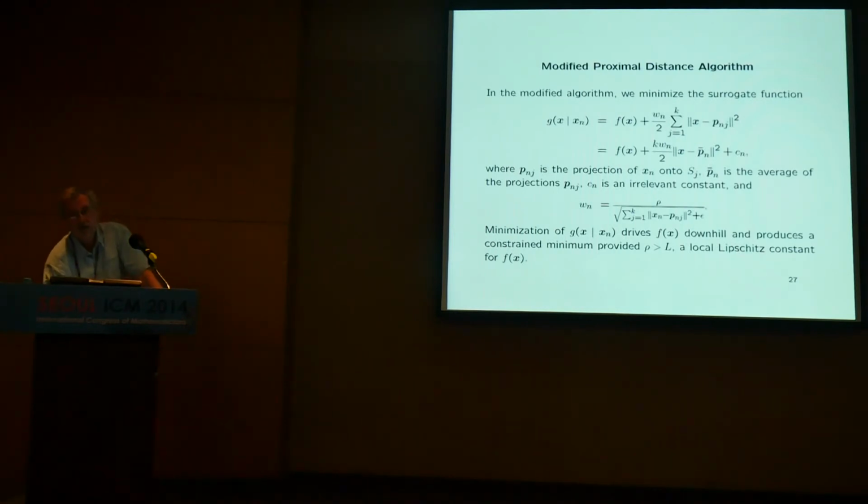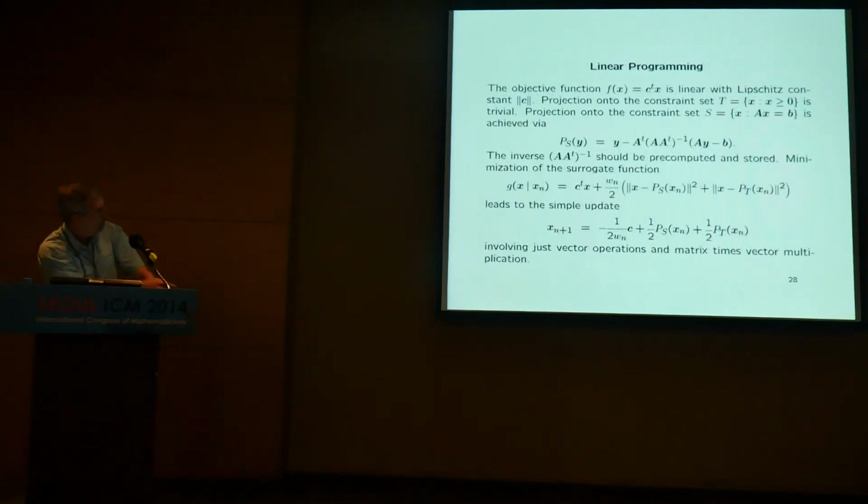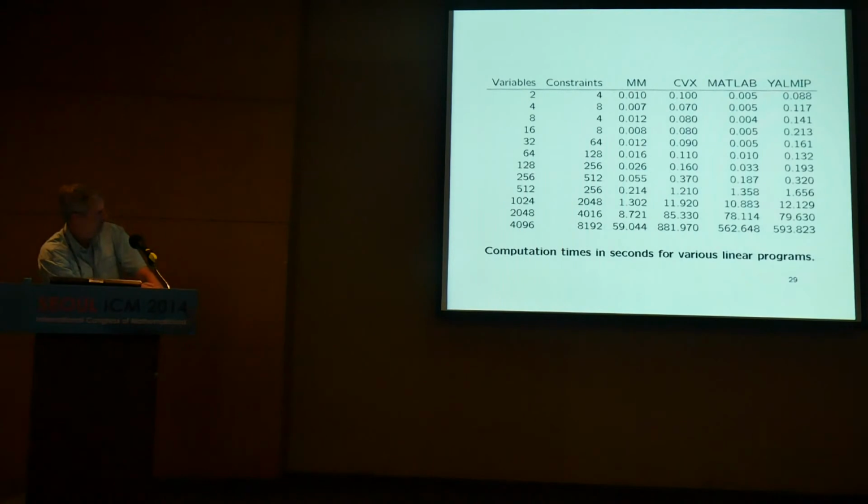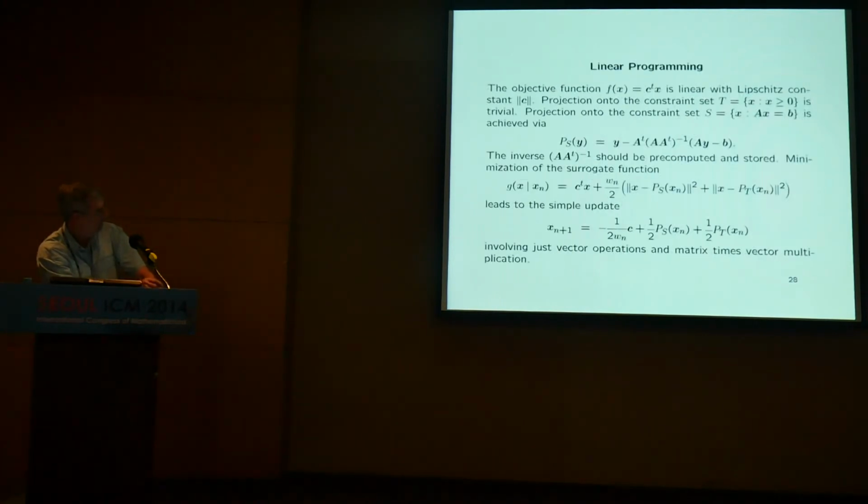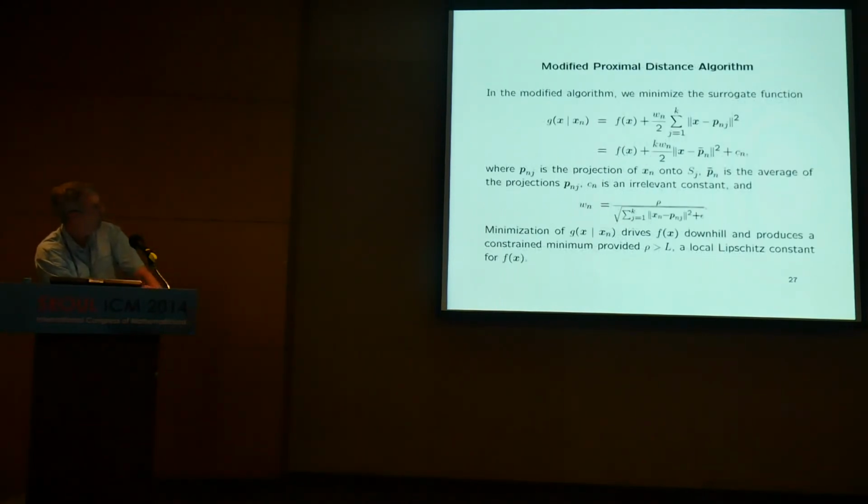Okay, so how do you modify the proximal distance algorithm when you have multiple constraint sets? Well, now you have, again, a weight. The appropriate weight is down here in the middle. And you have a sum of these Euclidean distances from the projections under the different subsets.